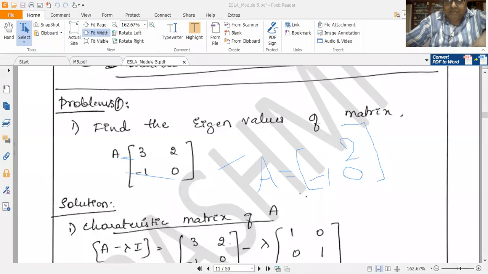Let me write it properly. I am going to find the eigenvalues of the matrix A is equal to 3, 2, minus 1, 0.